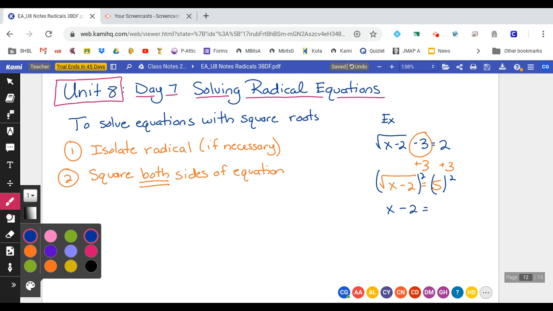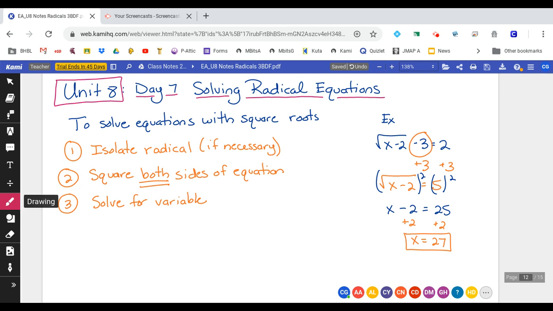So now I have x minus 2 equals 25. All right, so now that the square root's gone, we're going to solve for the variable. So add 2, I get x equals 27.